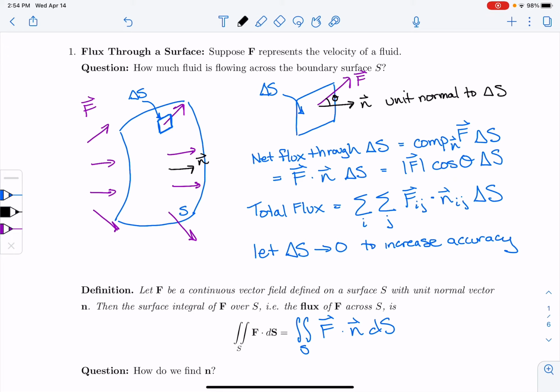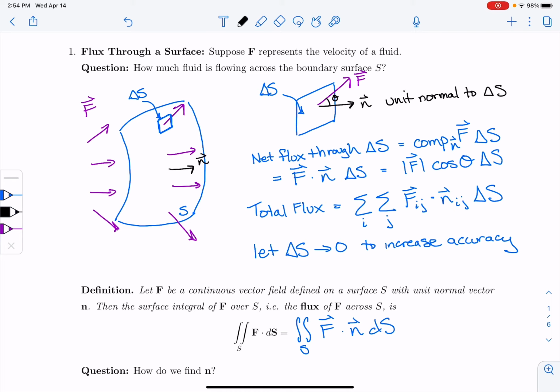And then this quantity represents flux. It's measuring how much fluid is flowing across the boundary of the surface if my vector field f represents the velocity of a fluid. There are other types of fluxes that occur in physics. There's gravitational flux that has to do with vector fields that represent gravity.